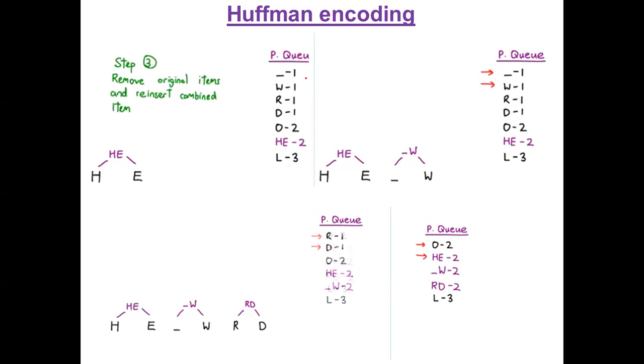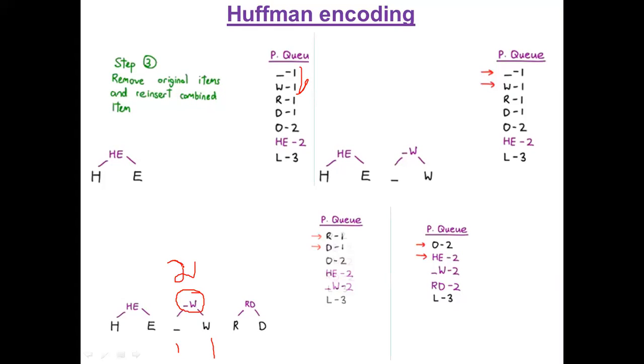Next, what are the two items that we have here? Space and W. So next we'll combine space and W as 2, where this is 1 and this is 1. We'll add that here.